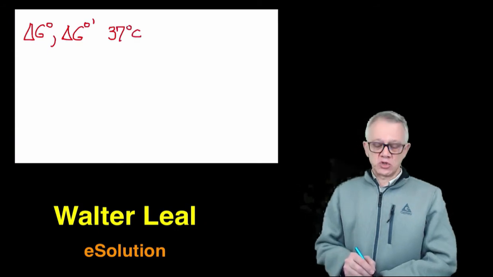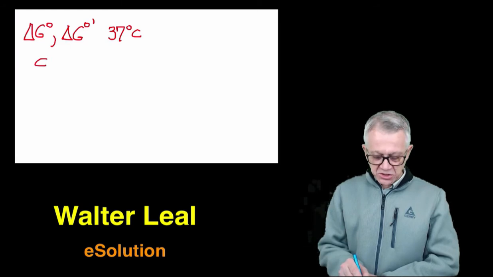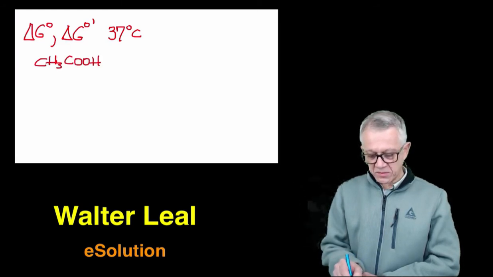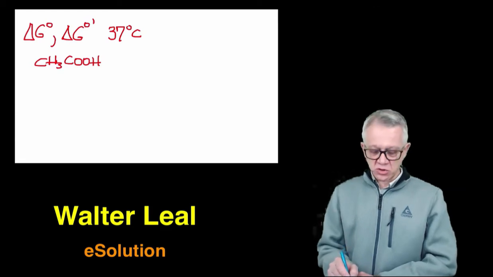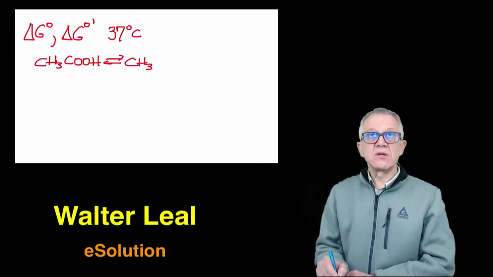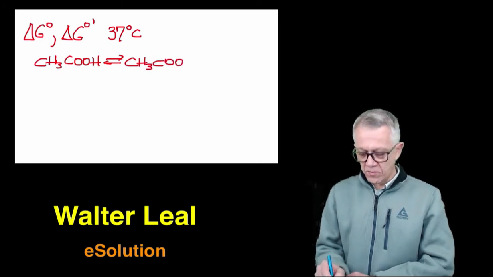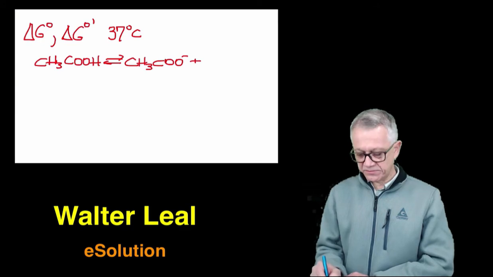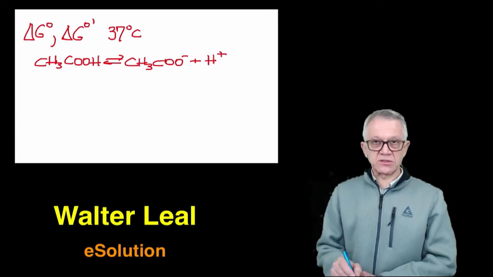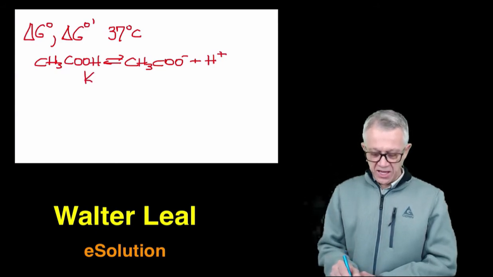Acetic acid, we know, is CH3COOH, and it dissociates to give off a proton and CH3COO minus plus H plus.